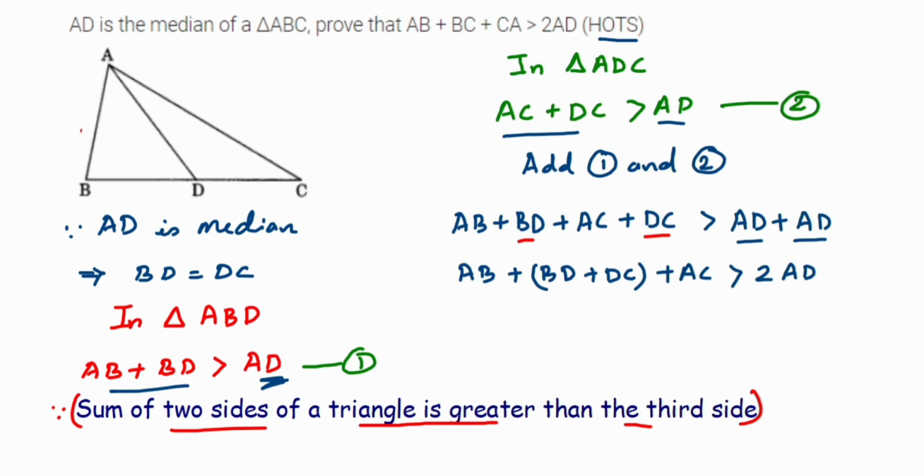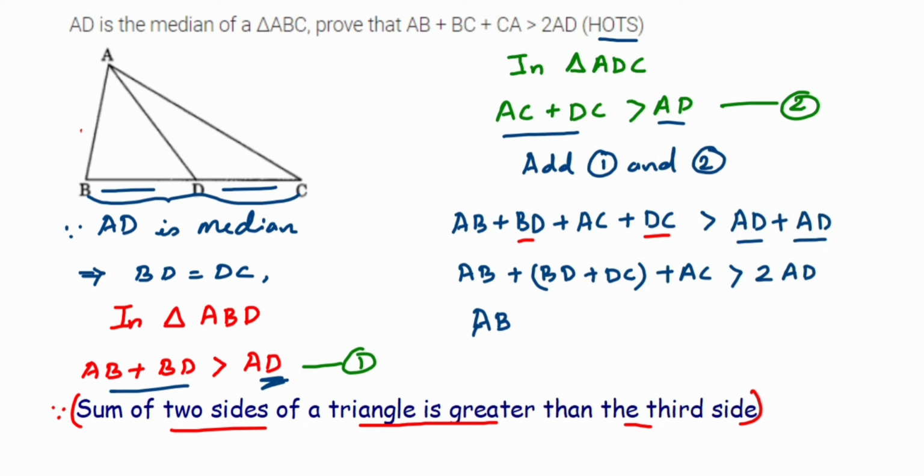Now, why I have kept BD and DC in a bracket is, if you look at the figure here in the triangle ABC, if you look at the base BD and the DC, if you add them together, you get BC, that is the entire base of the triangle. So in place of BD plus DC, I'm going to write down BC there.